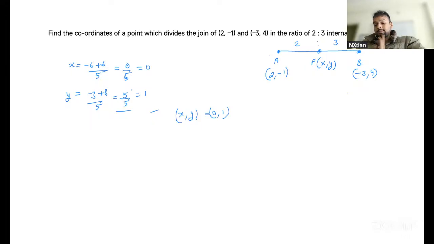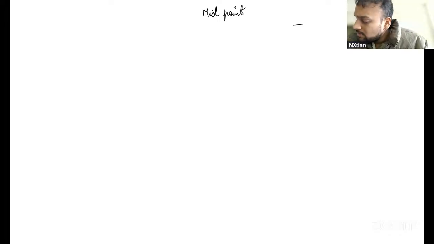Now, the next topic which we are going to learn is the midpoint coordinates, the midpoint formula.